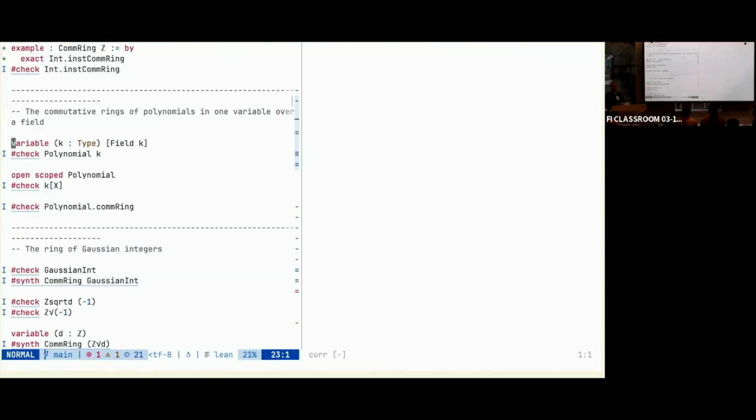Yes, but where did you define K bracket X to be polynomial? Here at this line, for example. It is this line, open scope polynomial, that says use the notation. That doesn't have any notation in it. Sorry? That's a place in the math. It's in the library. Yeah, it's in the library. So he's importing something from the library. Okay, so call that t, for example, Kt.